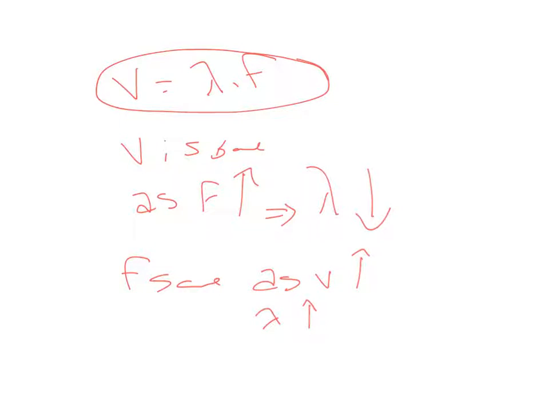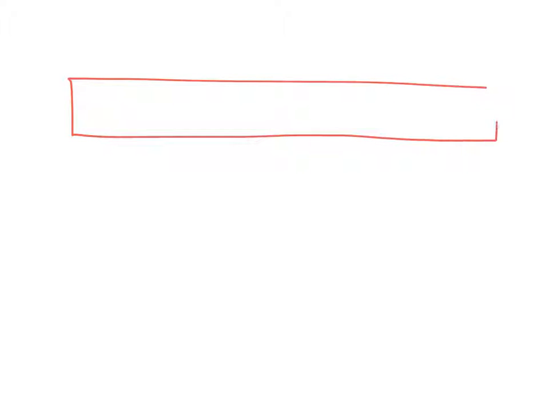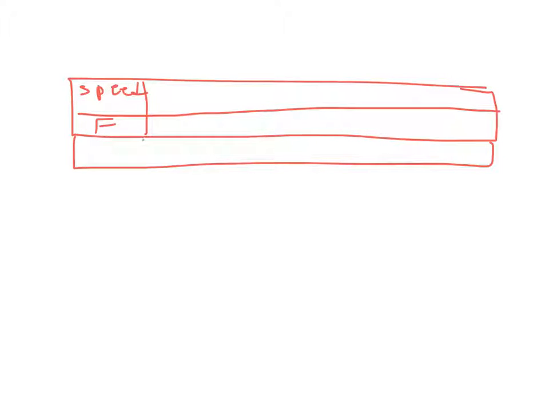Okay. Now, the last part of this is that table. Let me go ahead and write this down. So, on your table, you were asked speed, frequency, and one more, wavelength.